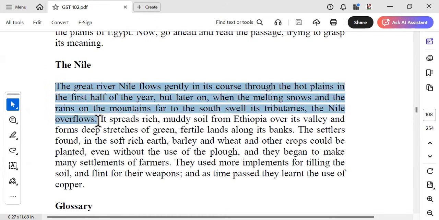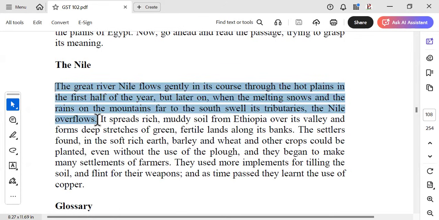So in this first sentence, what and what can we remove and the sentence will not be damaged? The Great River Nile flows gently in its course through the hot plains in the first half of the year. But later on, when the melting snows and the rains of the mountains far to the south swell its tributaries, the Nile overflows.